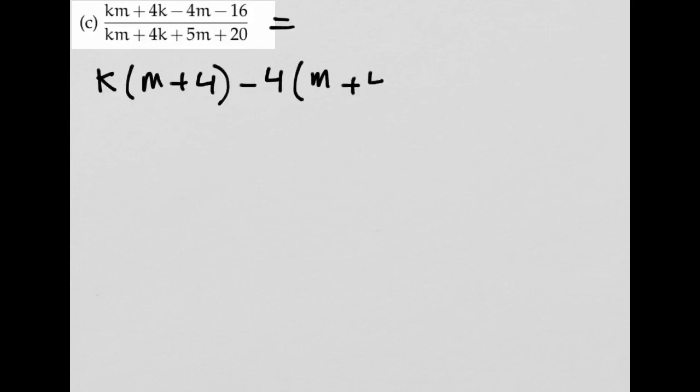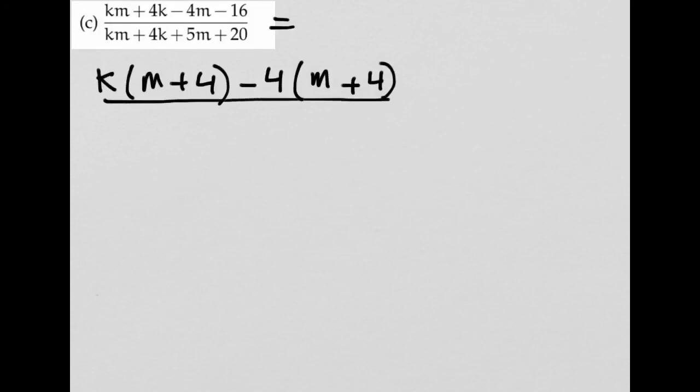They have a k in common, so I'm going to factor that out. If we factor out a k, we're left with m plus 4. Now look at the last two terms of the numerator, minus 4m minus 16. I'm going to factor out a minus 4. That leaves us with m plus 4.